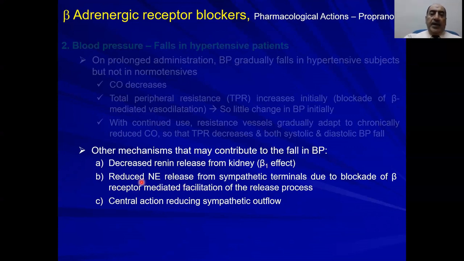Also, they inhibit the presynaptic beta receptors, which stimulate the release of norepinephrine. If you inhibit this presynaptic beta receptor, they will inhibit the release of norepinephrine. As for central action, they reduce the sympathetic outflow, which usually causes increase in the heart rate and cardiac output finally.